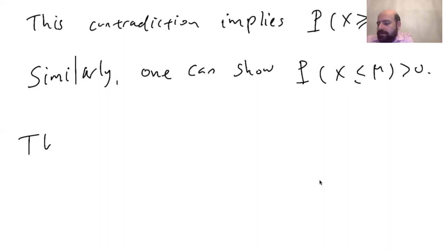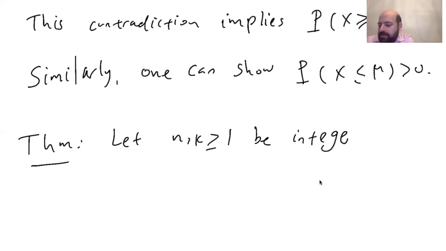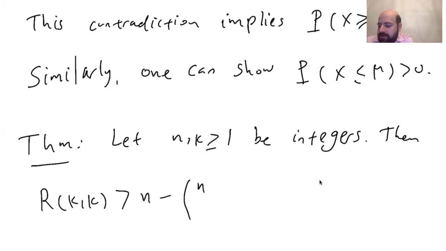So theorem, let n and k bigger than or equal to 1 be integers, then capital R of k and k is bigger than n minus n choose k times 2 to the power 1 minus k choose 2.